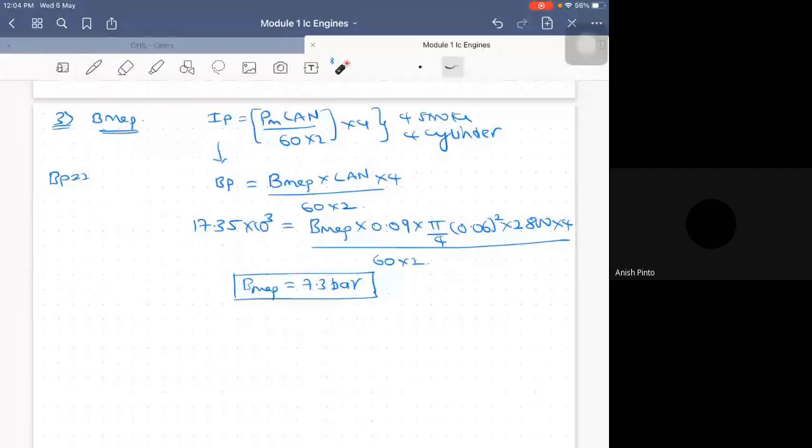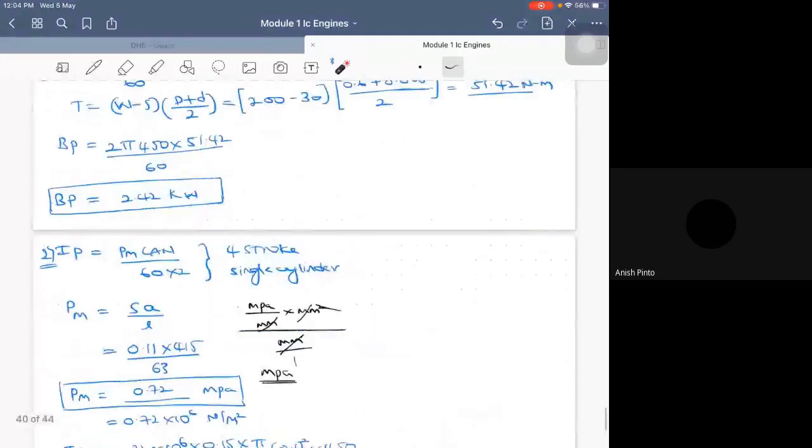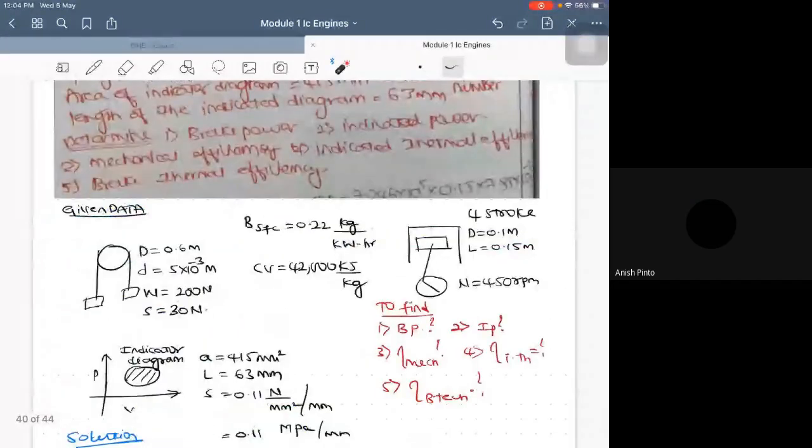Sir, then last class you said we don't have to consider the number of cylinders. In the last problem, have we considered or not? Didn't consider, sir. What is that problem number? Just give me, I will check.